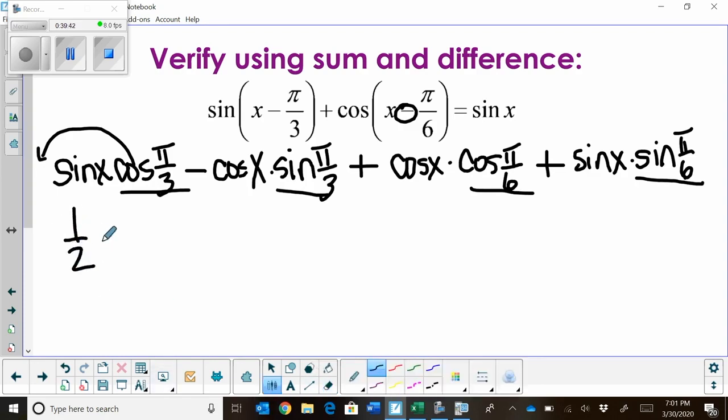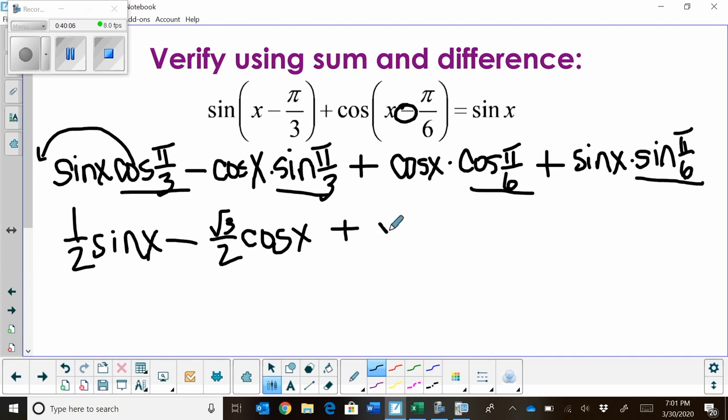So 1/2 of sine x minus the sine of pi thirds, which is root 3 over 2, times cosine of x, plus cosine of pi 6, that's a half, right? No, that's root 3 over 2. It's late in the day. And then plus sine of pi 6, that's just a half.